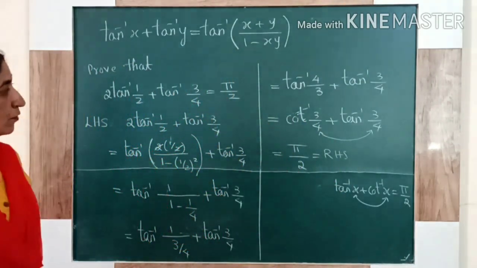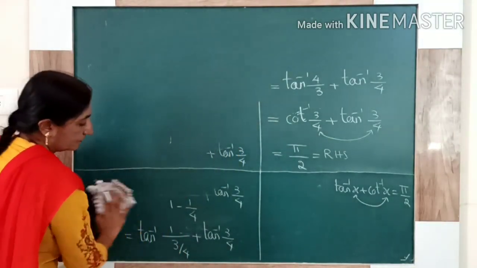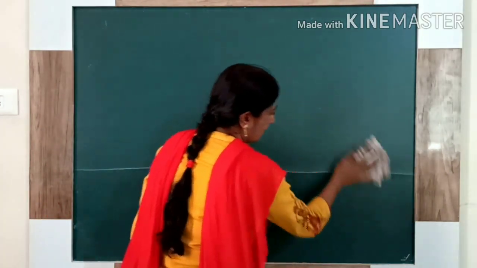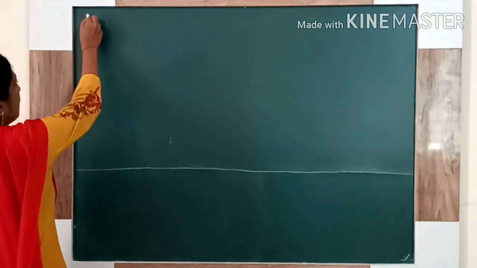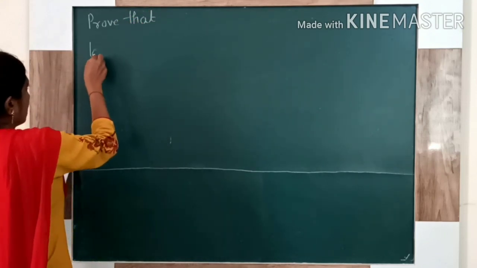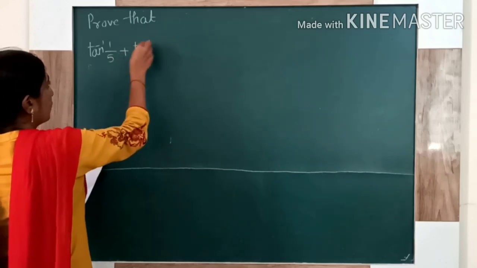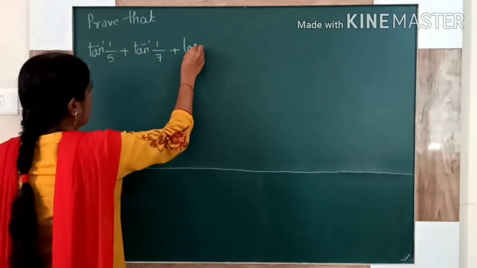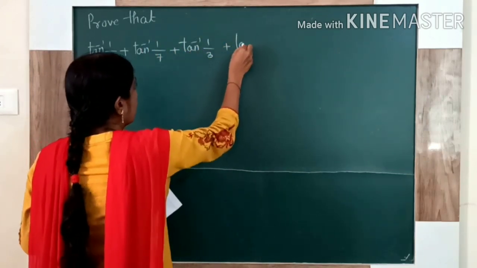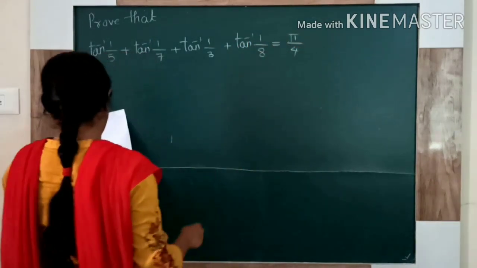Now I am giving you one more example, related to the same formula. Prove that tan inverse 1 by 5 plus tan inverse 1 by 7 plus tan inverse 1 by 3 plus tan inverse 1 by 8 is equal to pi by 4.